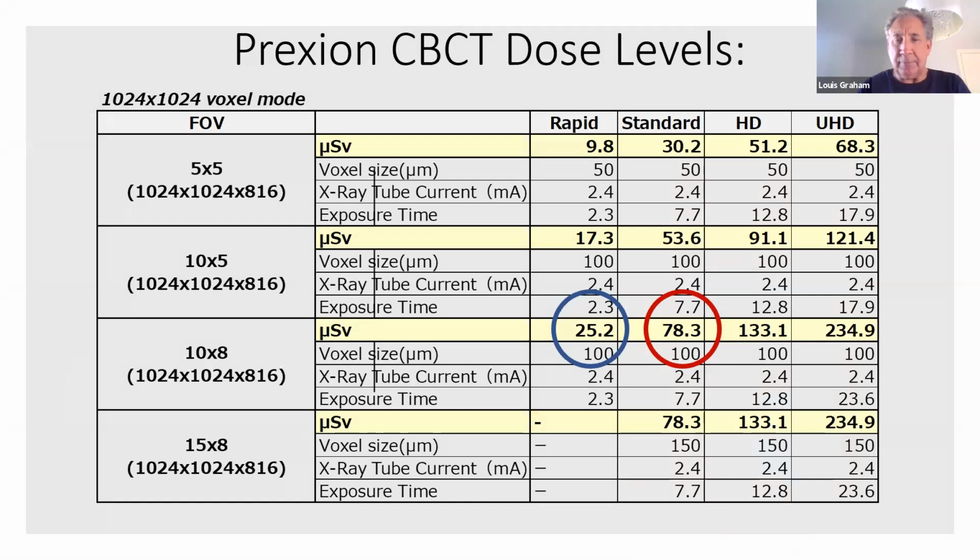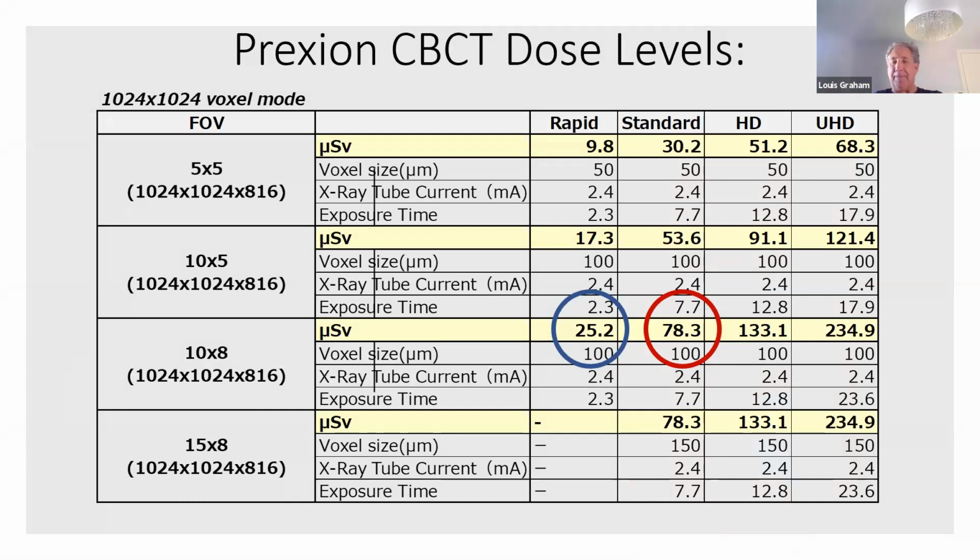Here's what I look at. This is basically PreXion's dose level chart. I'll show you this one, and I'll show you one from CAVO-CUR. If you look at the chart, a standard image in red that is 10 by 8 is 78 microsieverts, which falls right in the same amount of radiation as a full mouth series of x-rays.